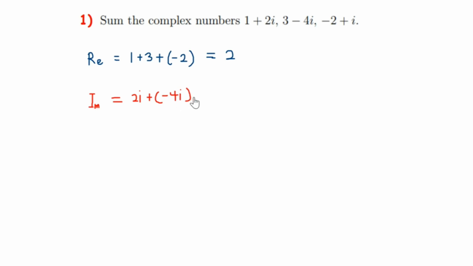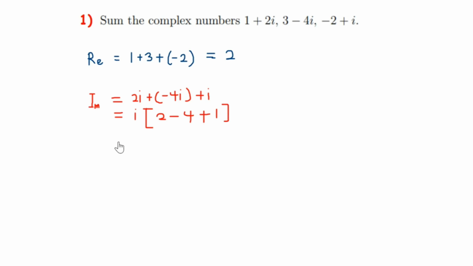And then for the third one, I have just i, so plus i. Summing all this up, let's factor out the i. So we have 2 minus 4 plus 1.